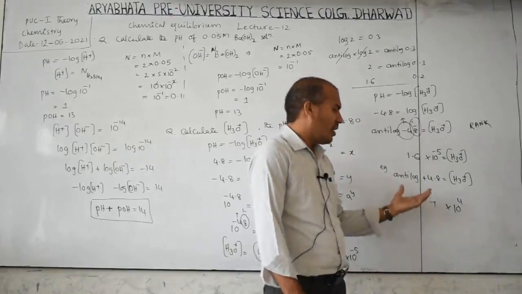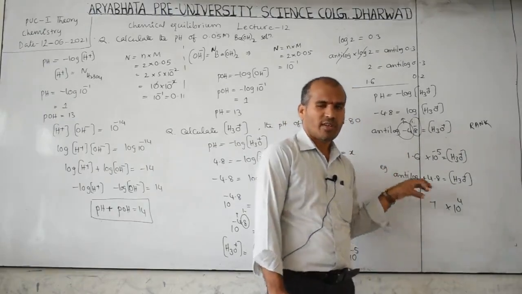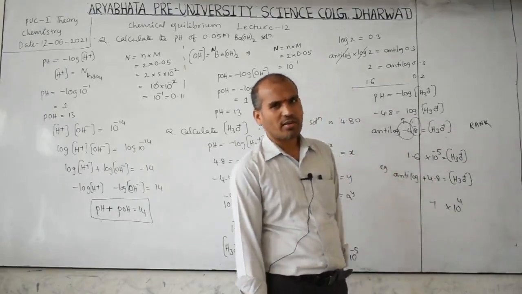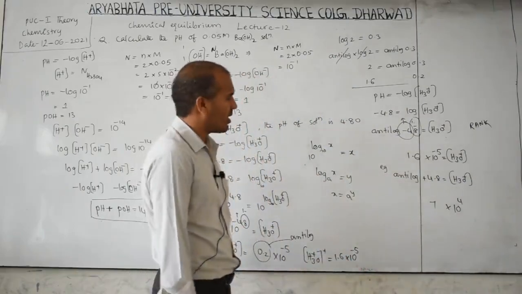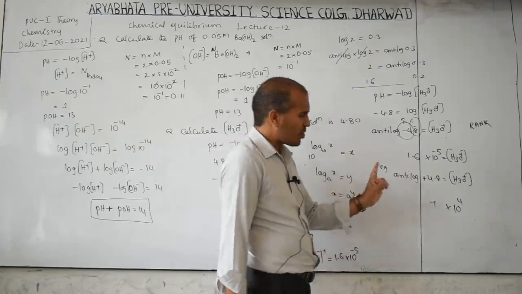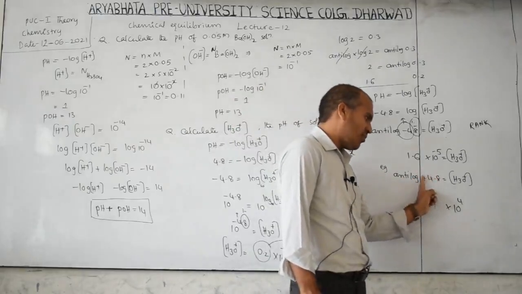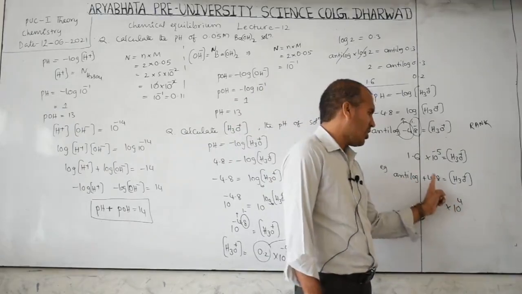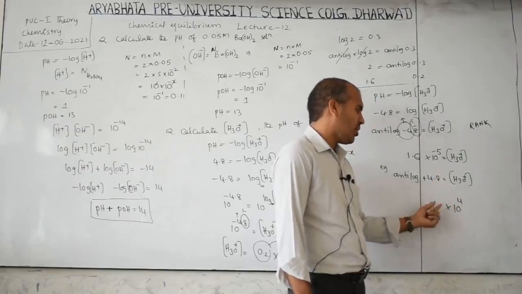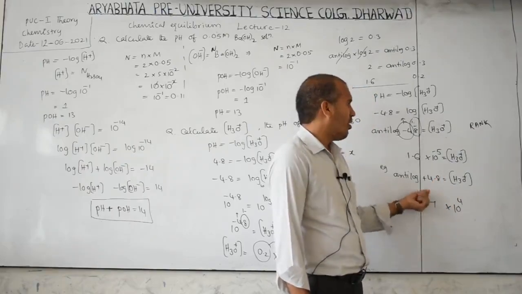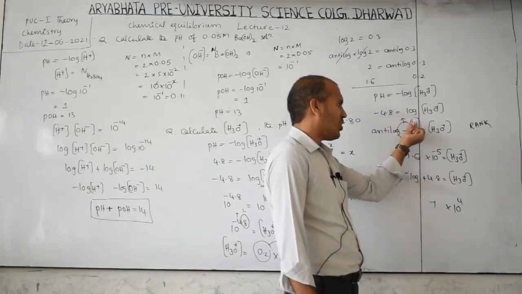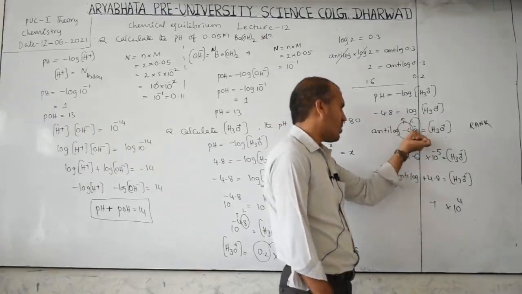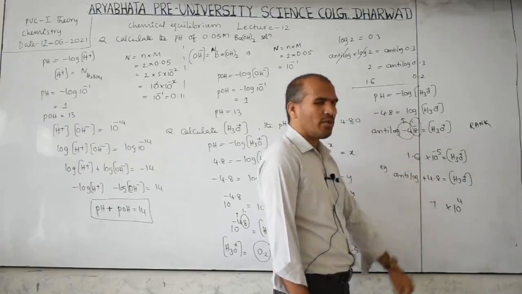For competitive exam purposes roughly it is applicable, but for PUC exam purposes you have to find the exact answer from your logarithm table. When positive is there, the value before the point stays as it is in the form of 10 power, and you find the anti-logarithm of the point value. When negative is there, 1 extra, 10 power minus 5, we subtract the point value from 1, and find the anti-log of the subtracted value, therefore 1.6.